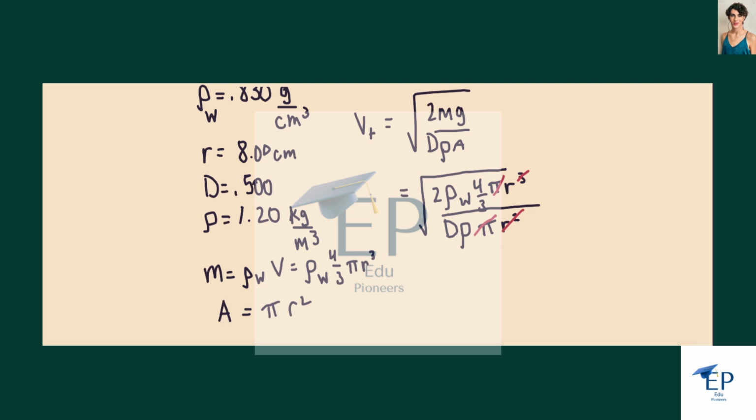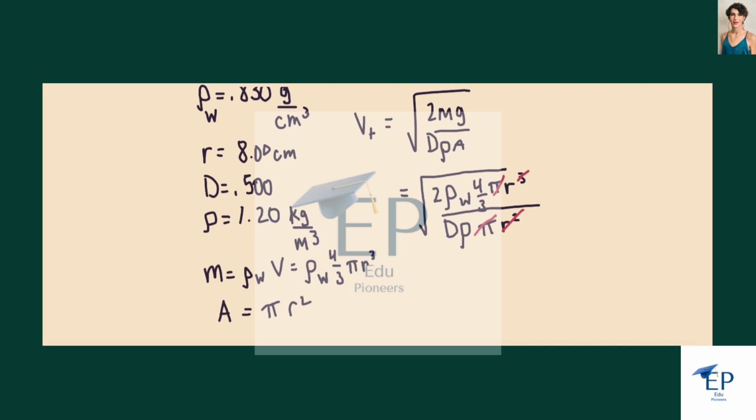Grams to kilograms means multiplying by 10 to the minus 3, so 0.830 times 10 to the minus 3. And then from centimeter cubed to meter cubed, there are 100 centimeters per meter, so we multiply by 100 cubed.